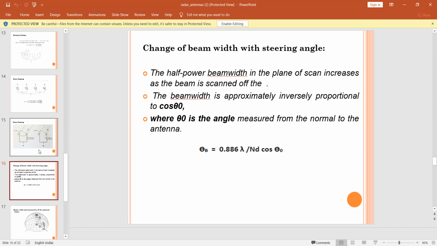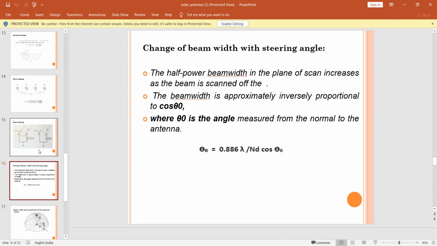Now there is a simplification of the equation shown, where the radiation pattern is of the form sine square u by u square, where u is n pi d by lambda into (sine theta minus sine theta naught).